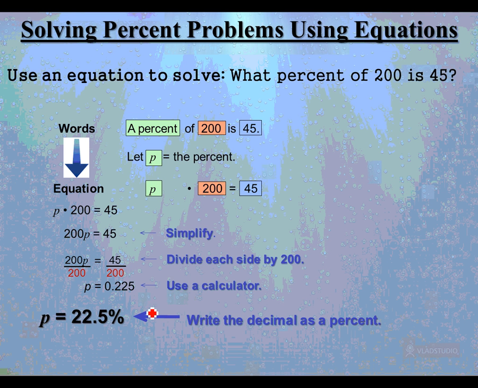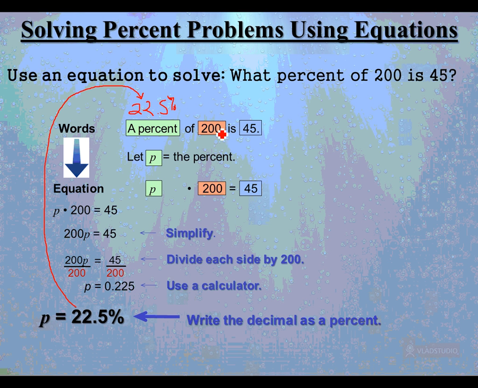22.5%. If we were to plug that back in, I know you don't always do this, 6th graders, but just try it out. 22.5% of 200 is 45.